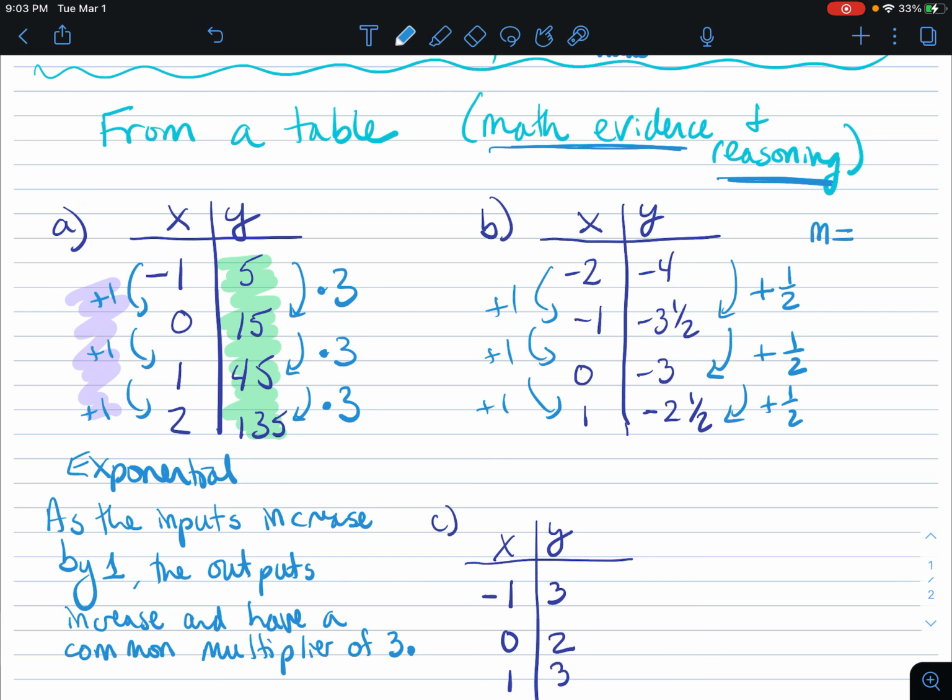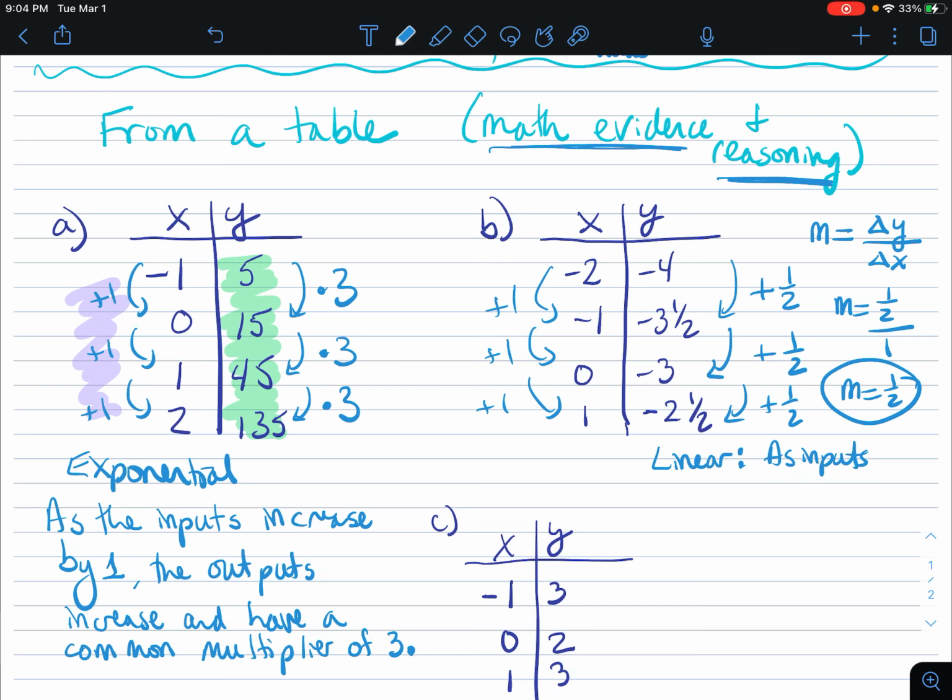We would say the slope, this is always the change in the y over change in x. So it's 1/2 divided by 1, which is just 1/2. That's your constant rate of change. So again, let's write our reasoning. Linear.